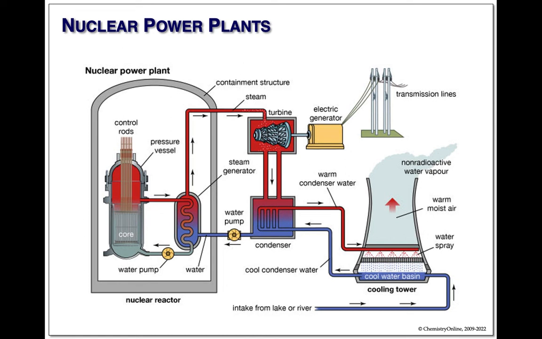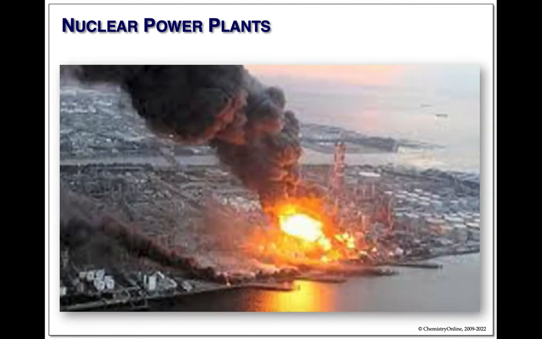Remember I said to use control rods to control the flux of neutrons, how fast the reaction goes. If you happen to bend a rod, it doesn't go down its hole, does it? If a pump goes out, we can't cool it fast enough. And when that happens, we get Fukushima.